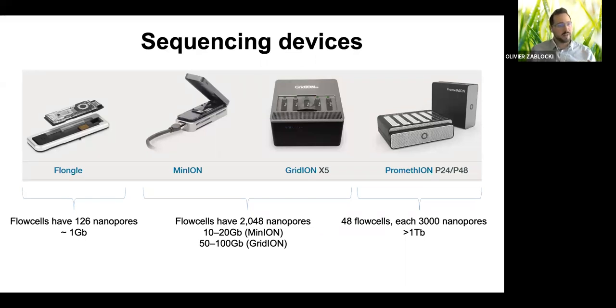So again, depending on your usage, your budget, and the scale of your experiments, you can choose the instrument. And most research labs have the MinION, probably the most famous one, which strikes a good balance between output, price, in between the Flongle and the GridION.